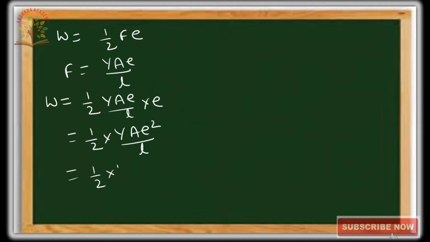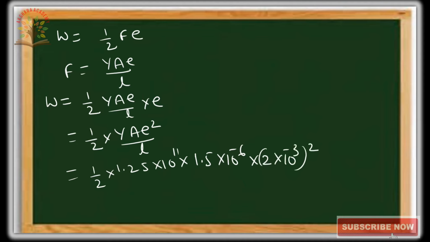Y is equal to 1.25 into 10 to the power of 11, into A value 1.5 into 10 to the power of minus 6, and e is 2 into 10 to the power of minus 3 whole square, by the value of L, 2.5.